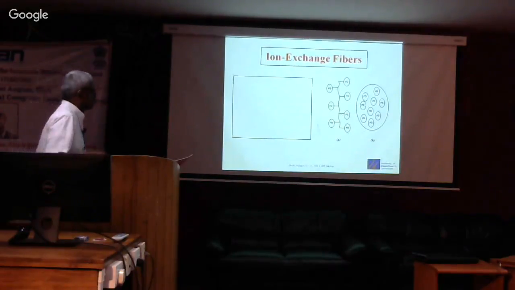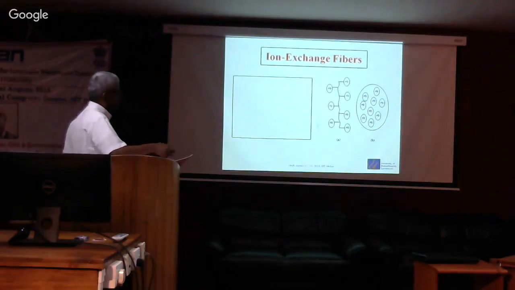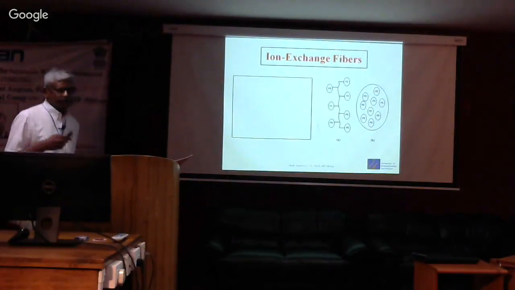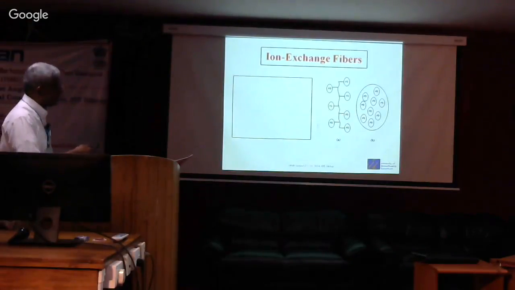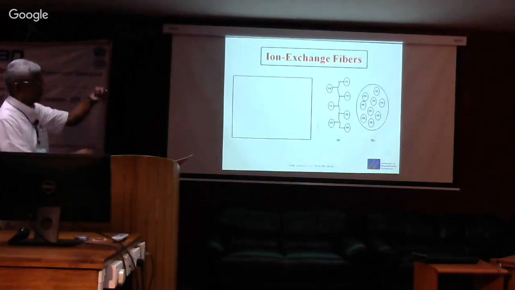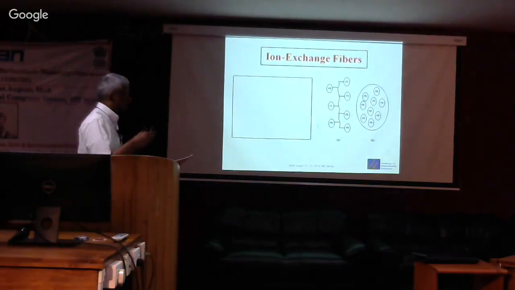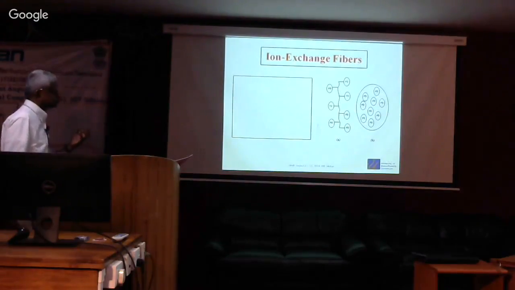So just to give you an overall view, when we deal with a resin, what is a resin? It's a very strong electrolyte solution, as we have discussed many times. In the resin, we have this bead, and inside the bead, in this very strong electrolyte solution, we have these functional groups.